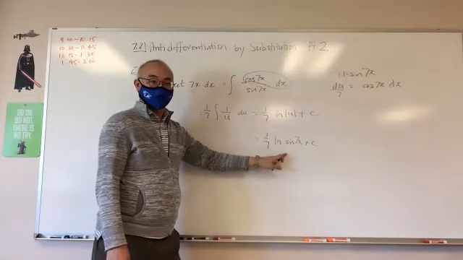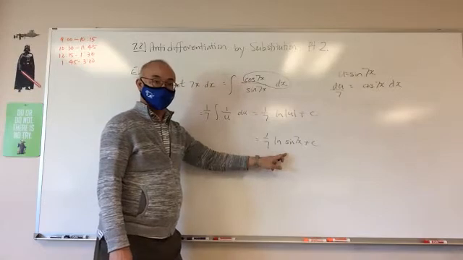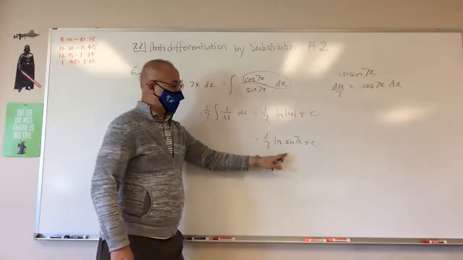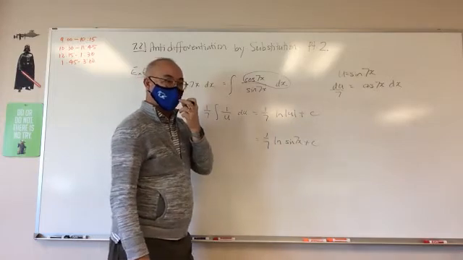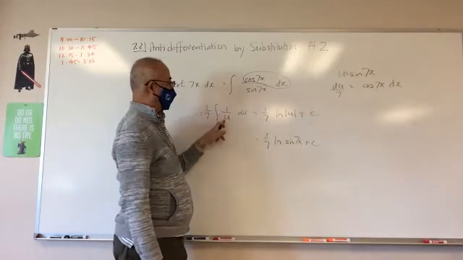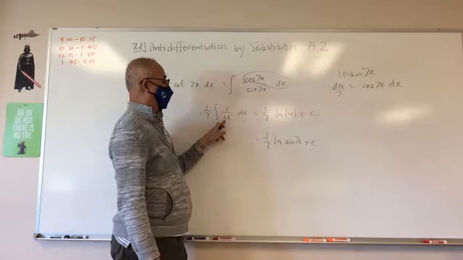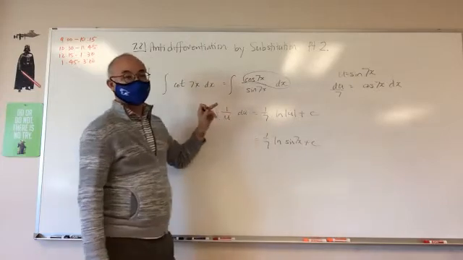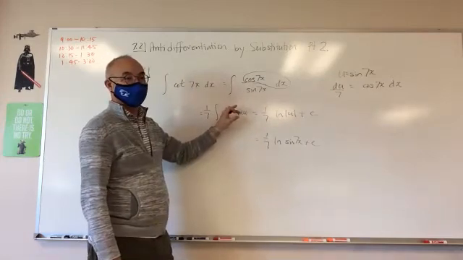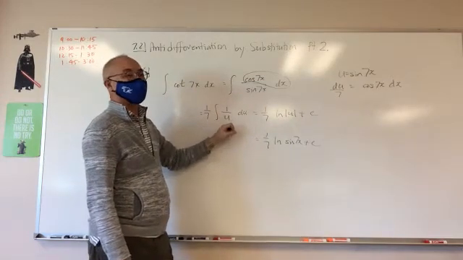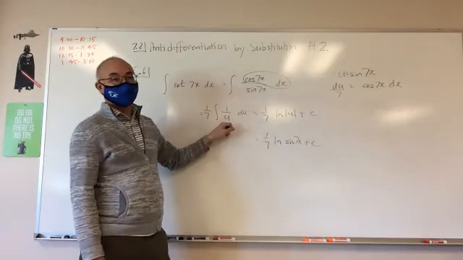But you could, in this problem, just leave it as sine 7x, right? I would end up with the same thing, yes. But it's not immediately obvious to me what's happening. When I go like this, I know exactly what I'm doing.